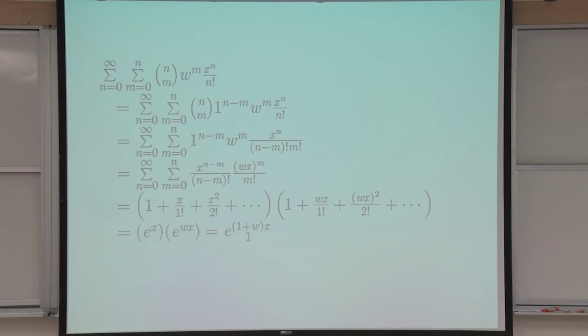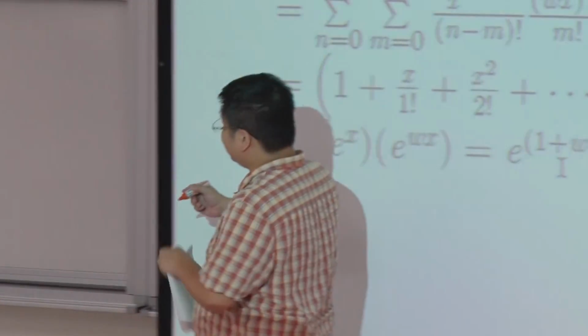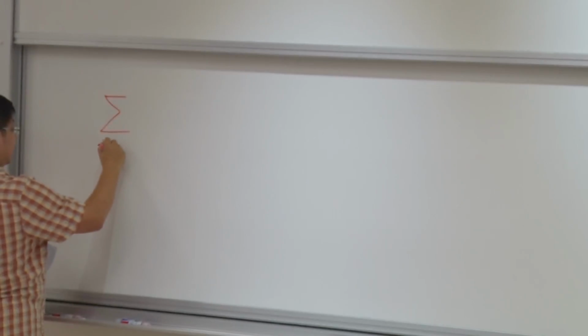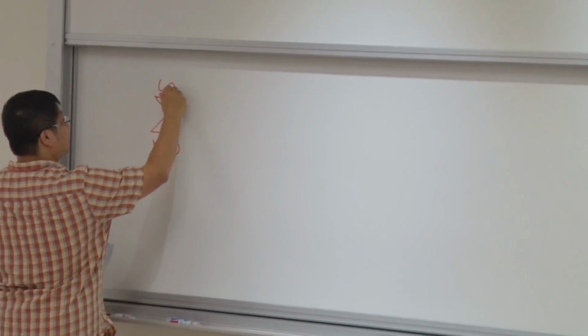I have a different way, so let me show you. I guess some of you will be using the other way. So we are going to do the summation of n equal to 0 up to infinity, right?